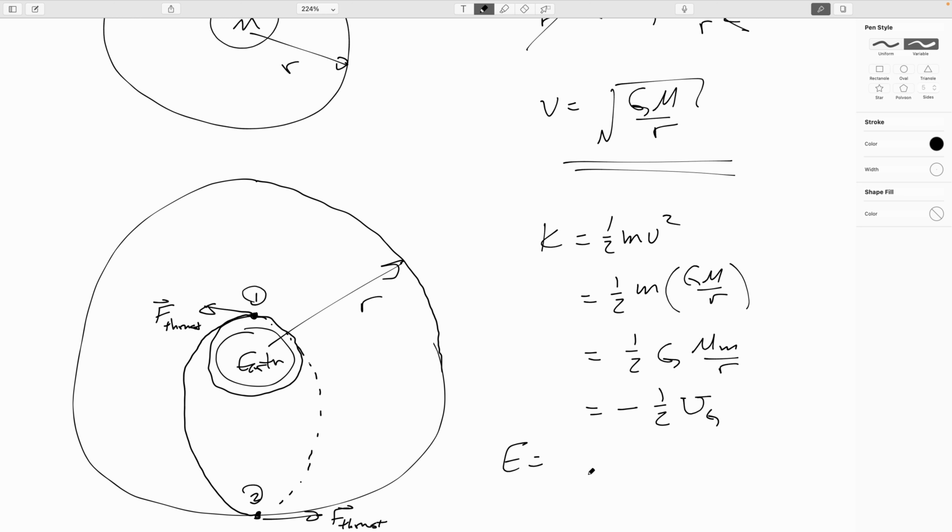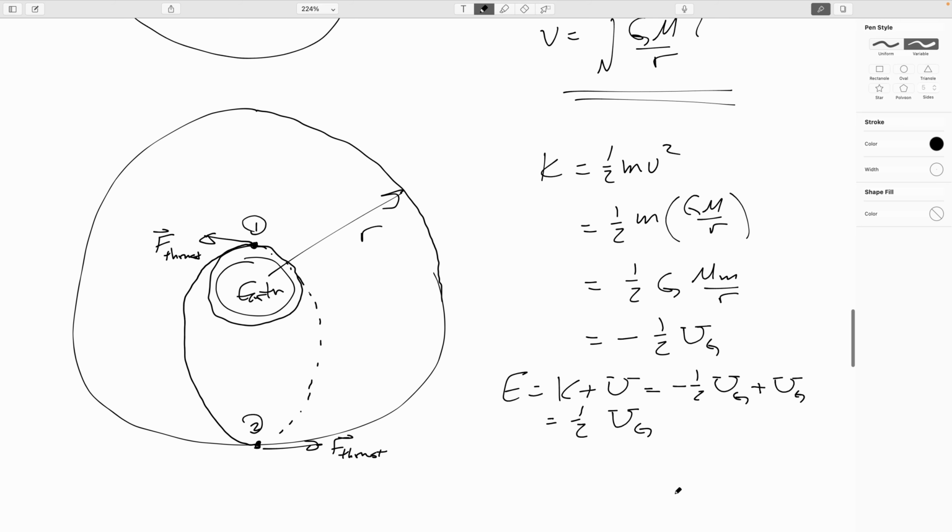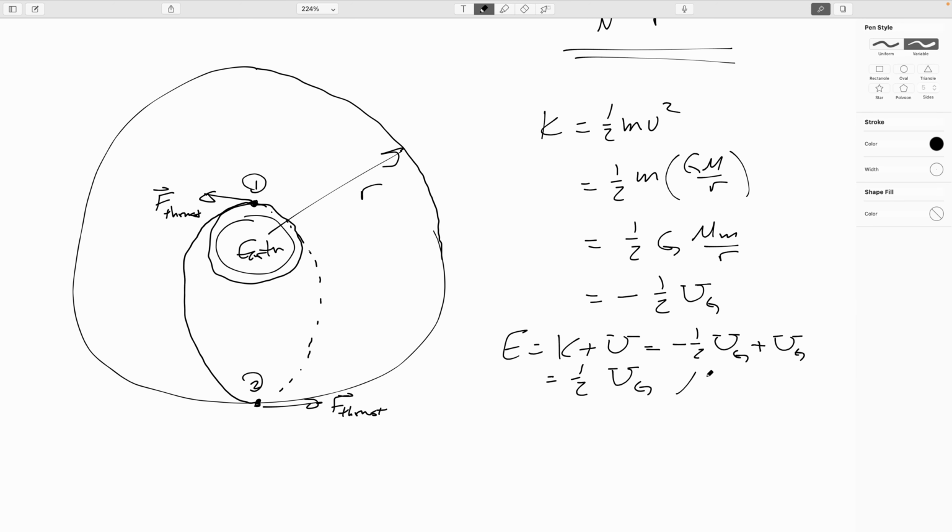So the total mechanical energy of the orbit will be the kinetic plus the gravitational. So this will be minus 1/2 the gravitational potential energy plus the gravitational potential energy, which is 1/2 of the gravitational potential energy, which remember is a negative number.